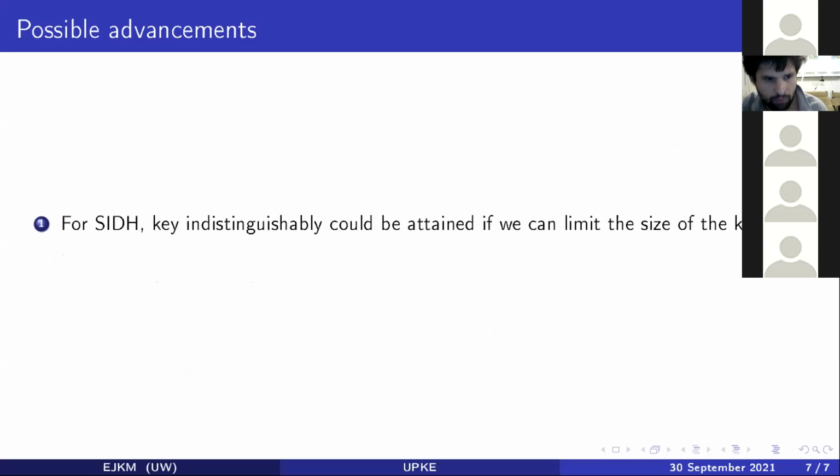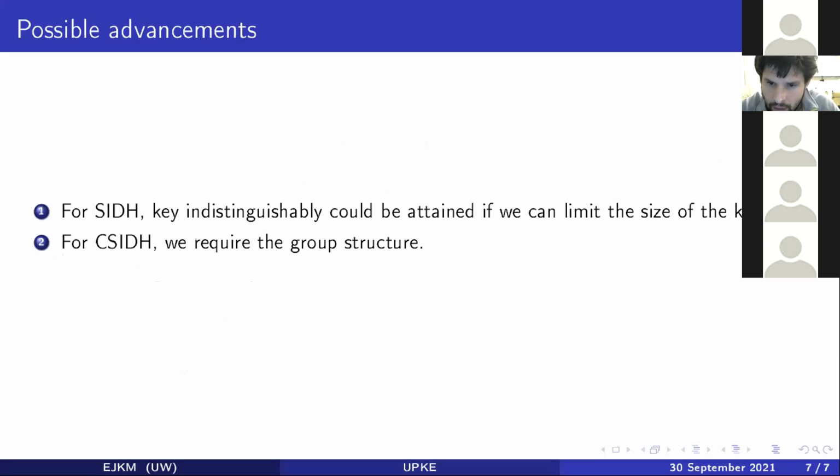So to conclude, the possible advancements we could make are, first of all, for the SIDH version, we could obtain key indistinguishability if we find a way to get an upper bound on the number of chains in our isogeny. And for CSIDH, we always require the group structure if we want to use multiple security parameters.